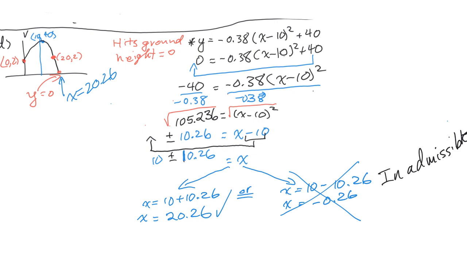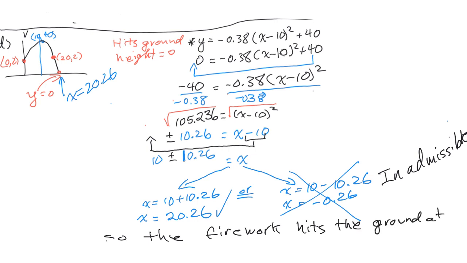And so we'd say the firework hits the ground at 20.26 meters horizontally. And that's it. Our answer is done.